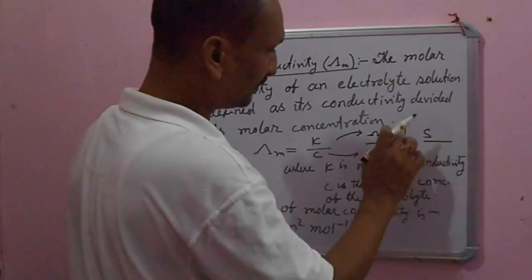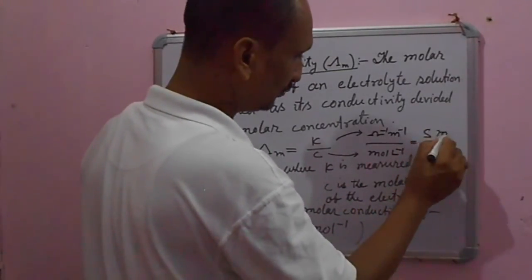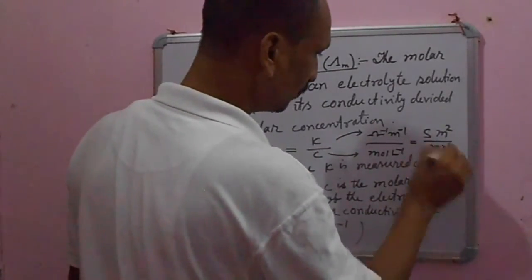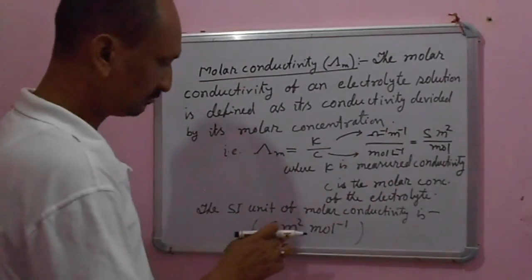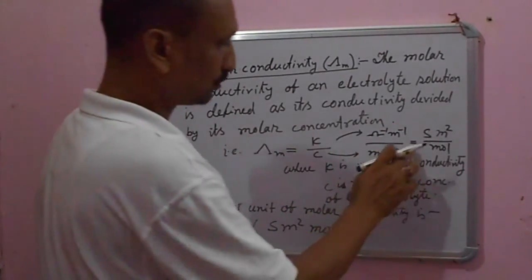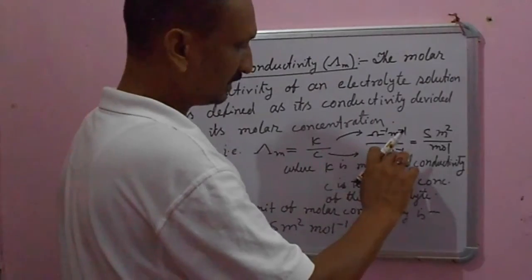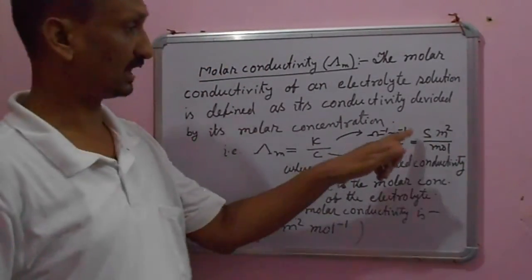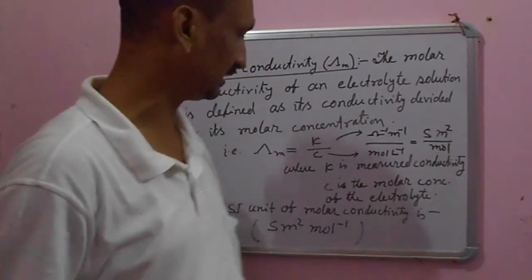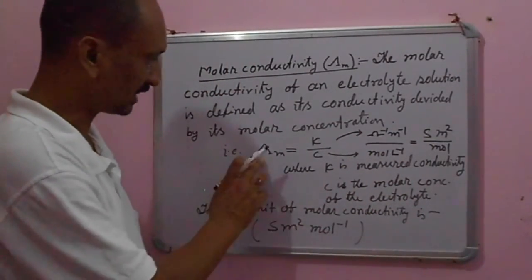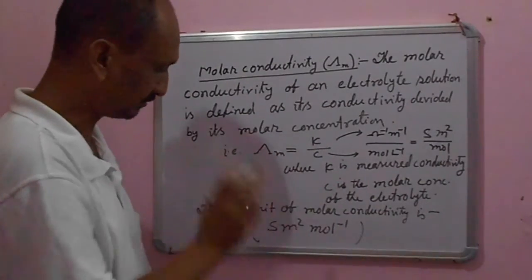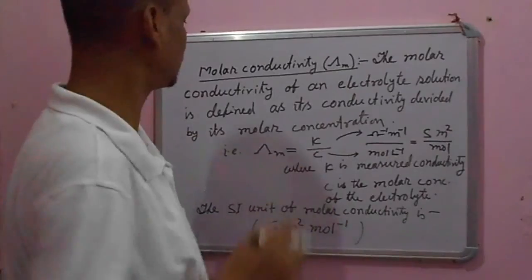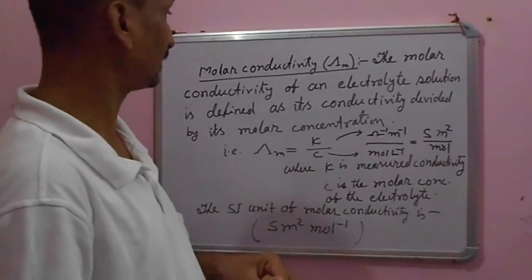So meter inverse over meter cube gives meter square divided by mole. So that means Siemens meter square mole inverse. Of course, whenever we convert liter to meter cube, a factor of 1000 comes in, which you will see whenever we do the numericals. So the unit of lambda m, the molar conductivity, is Siemens meter square mole inverse. So this is the definition of molar conductivity.